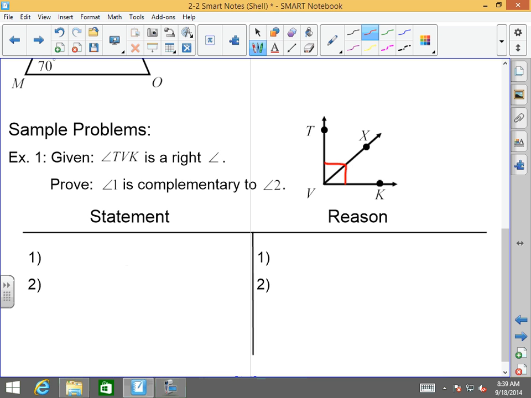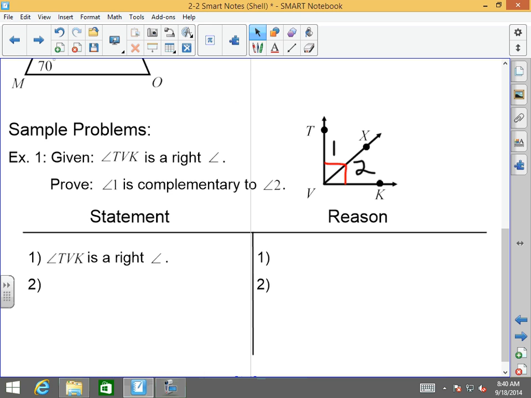They want you to prove that angle 1 is complementary to angle 2. Well, it would have been nice if I would have put the angles. So why don't we put, this is angle 1 here, and this is angle 2. That's my bad. I should have had that labeled already. I apologize. So, gentlemen, what would the statements be here? What's the first statement we're going to do? Correct.